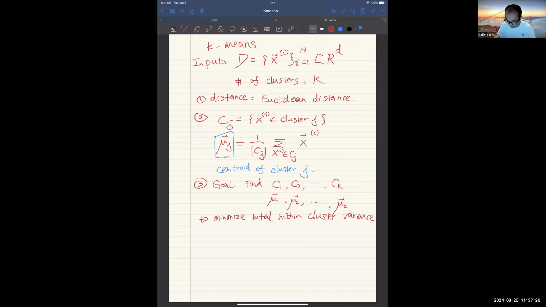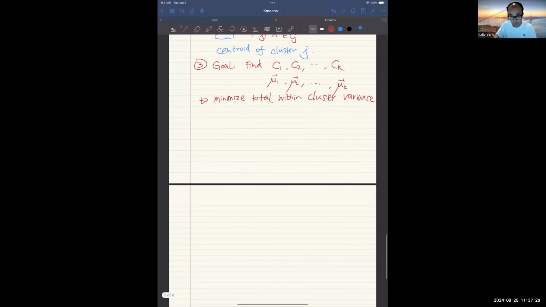Basically this objective says we have the summation over x of i in C_j, and we just copy and paste what we already have, x of i minus mu j, square of the Euclidean distance.